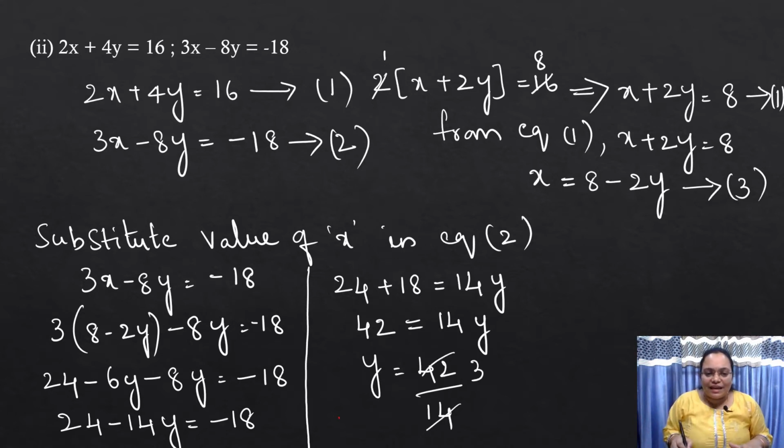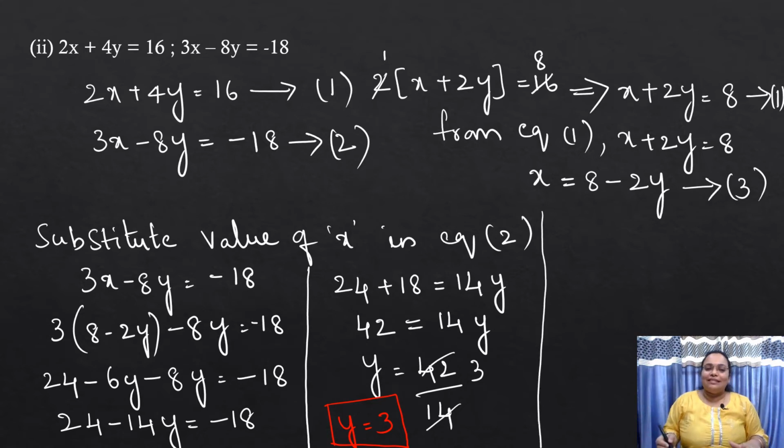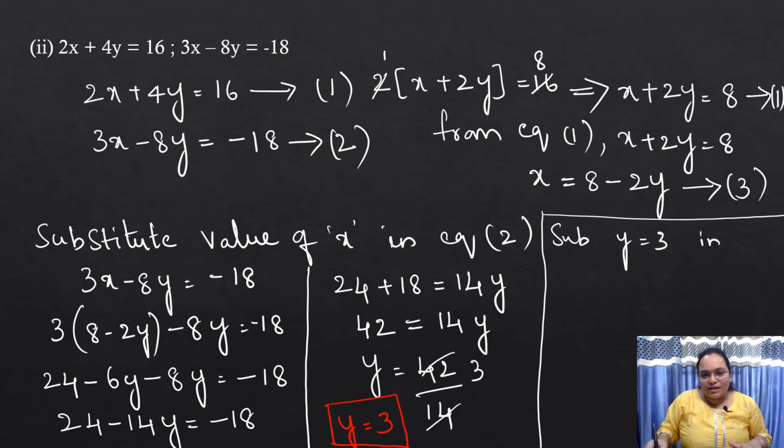So what is the value of y? y is equal to 3. Okay. We have got the value of y. Now when we have got the value of y, we will substitute it in equation 3. That is, substitute y is equal to 3 in equation 3.